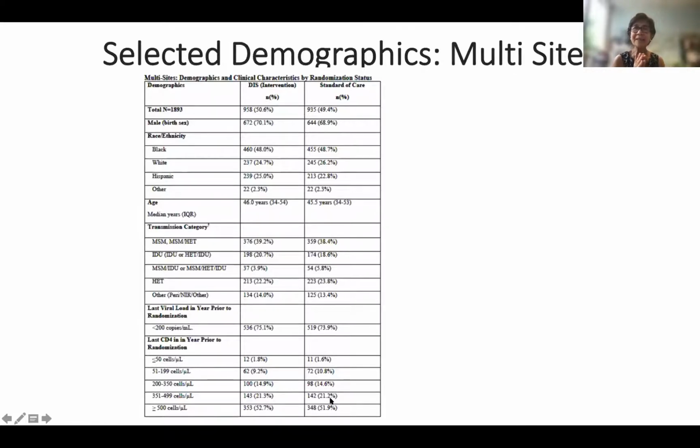So the first comment is, did we pick the right group? They looked like they weren't in care, but they weren't doing badly, at least in the year before. Their viral loads were not bad, their T cells were not bad. This looked like a relatively preserved group immunologically and virologically.